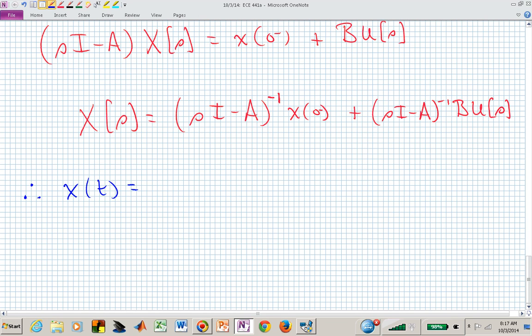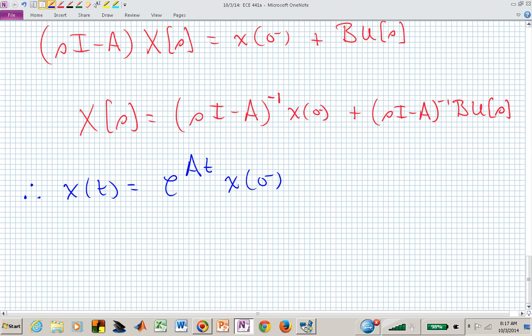As an exponential. It was e to the At. Well, now we have that same expression. We just have to keep track of the fact that in our exponent is this n by n matrix. And the initial condition vector weights all of these interesting expressions in this matrix exponential. We'll go through what that looks like in a minute.